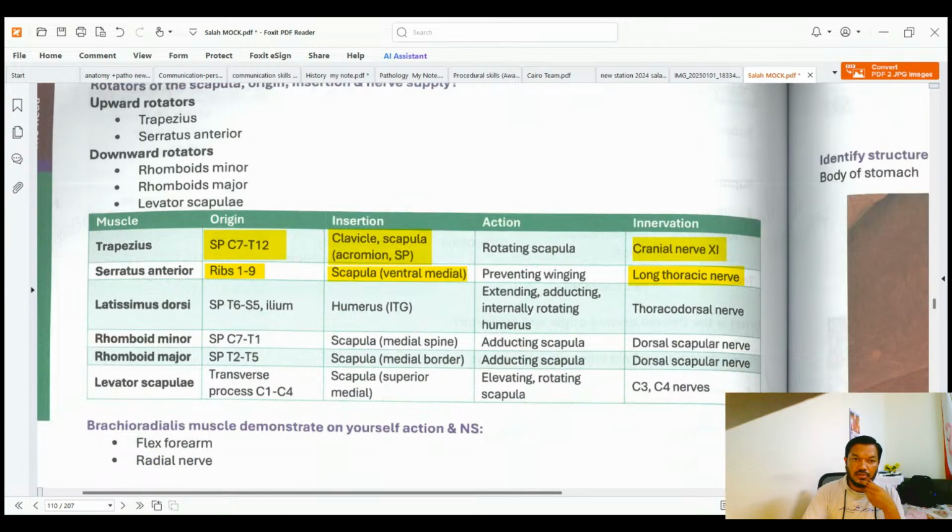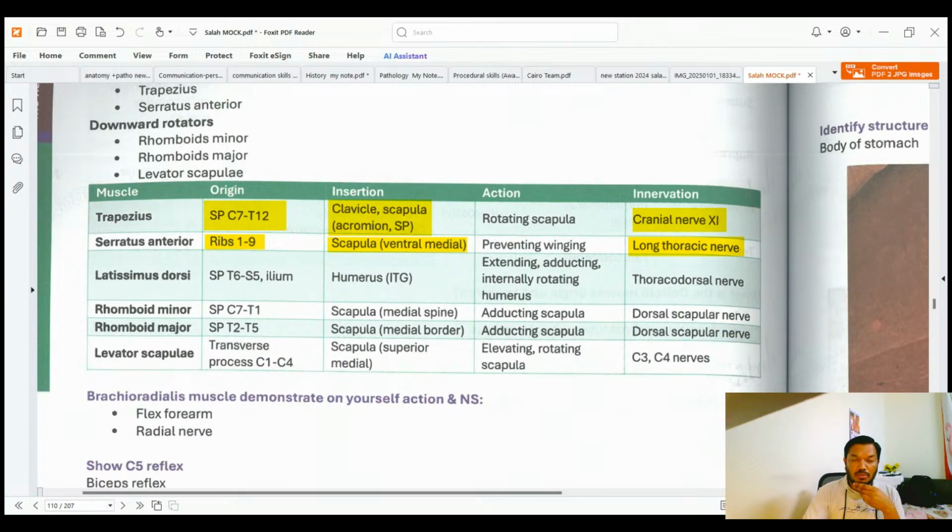Rhomboid minor from spinous process of cervical 7 to thoracic 1, and it inserts into scapular medial border. Both rhomboid major and minor are supplied by the dorsal scapular nerve.